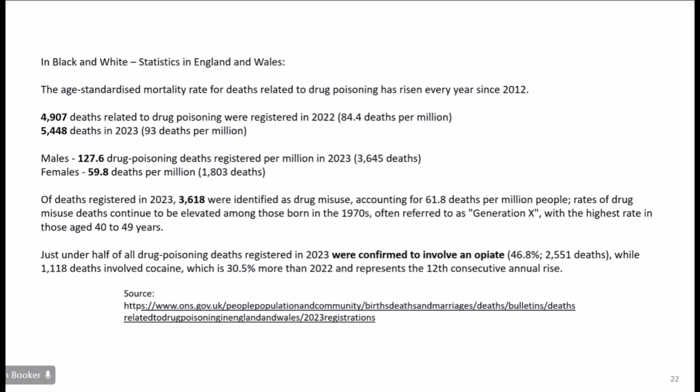Just under half of all drug poisoning deaths registered in 2023 were confirmed to involve an opiate. That's 46.8%. That's 2,551 deaths. There were some with cocaine, but there was a 30.5% more than 2022 and represents the 12th consecutive.